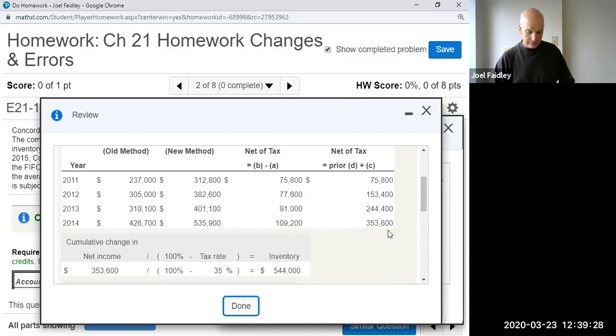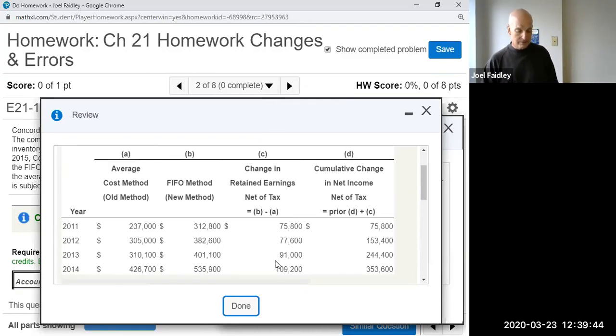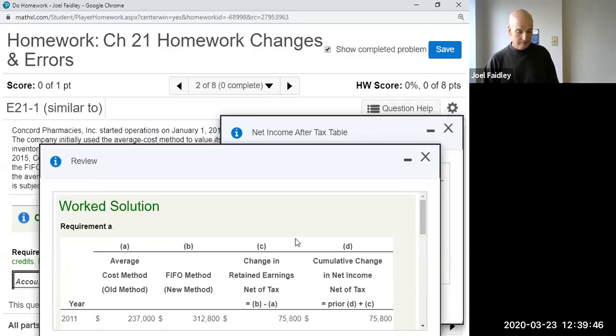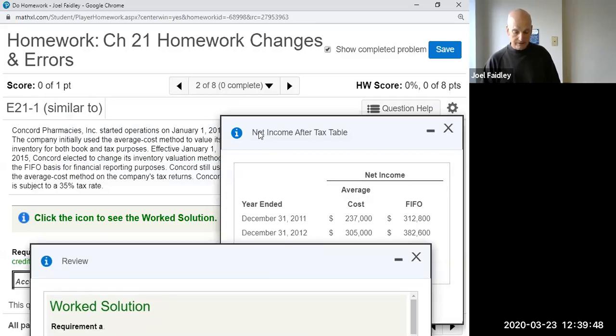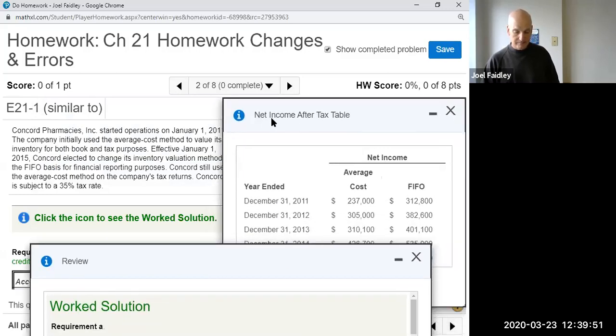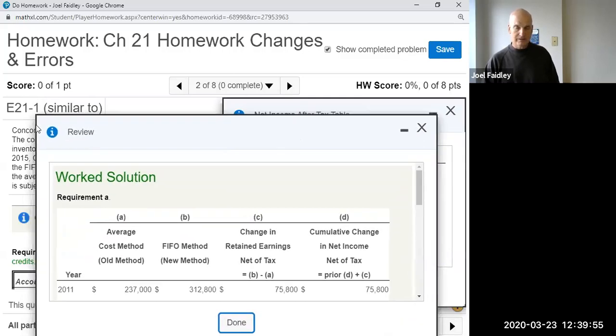How do we get that? Well, it's the $353,000 net of tax. Net income divided by 1 minus the tax rate, 35%. Says our inventory needs to be adjusted by $544,000. Because they're talking about net income, you got to pay attention to that. Net income after tax table. That other example we looked at online in the PowerPoint was the change in cost of goods sold.